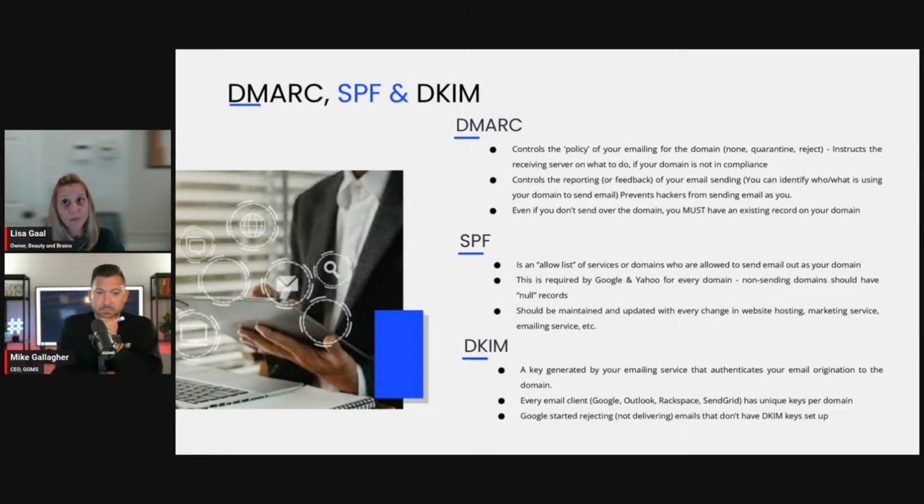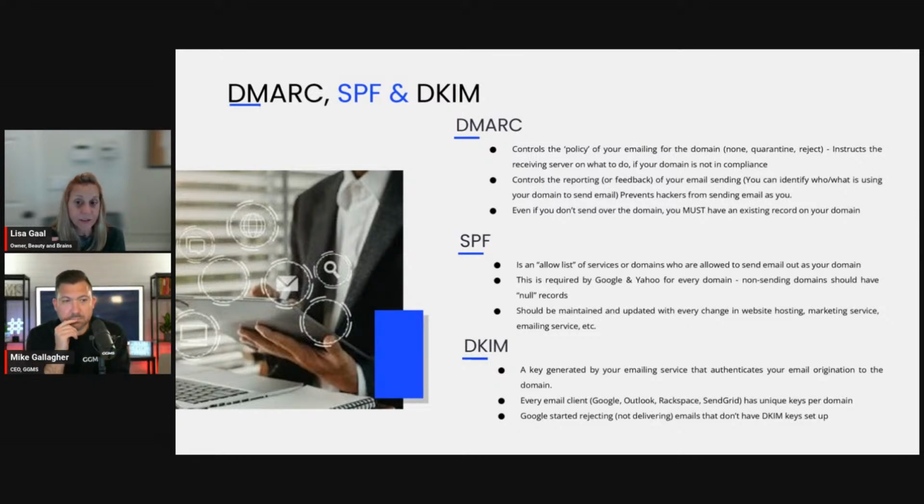And this is probably one of the more important records to have on your domain, because this record is basically your allow list. Who are you allowing to use your domain to send email as you? When you sign up for Gmail or Google Workspace or Outlook or GoDaddy email or whatever email client or host you're signing up for, they generally give you a basic SPF record to have on your domain, right?